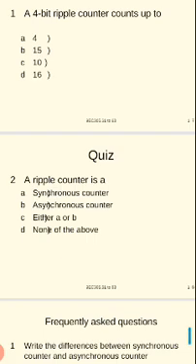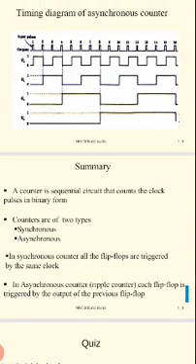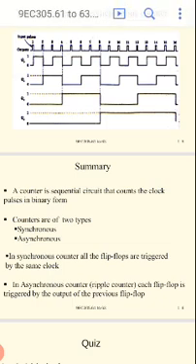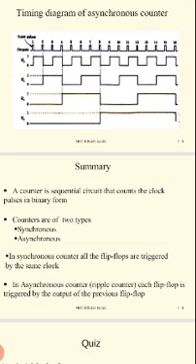In this chapter, we discussed counters. In these counters, we discussed the asynchronous counter, its circuit, the timing diagram of the asynchronous counter, and how it counts the number of clock pulses.